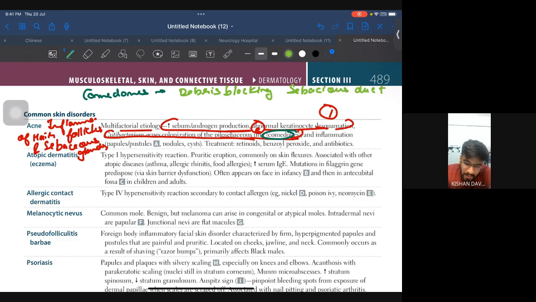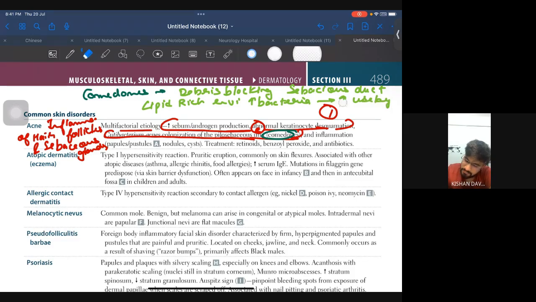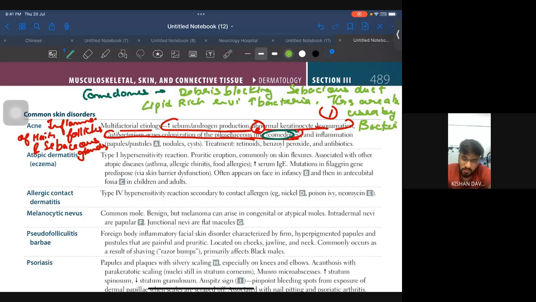And this lipid-rich environment increases bacteria, as sebum lipids are used by bacteria, and the triglycerides are also used by bacteria. Okay, so this is what comedones are.